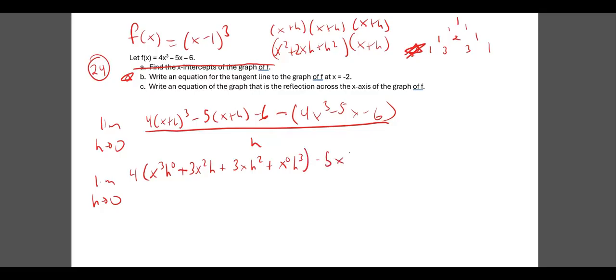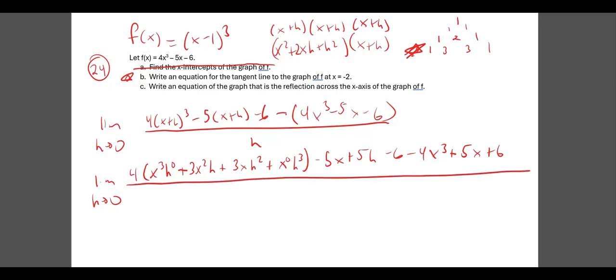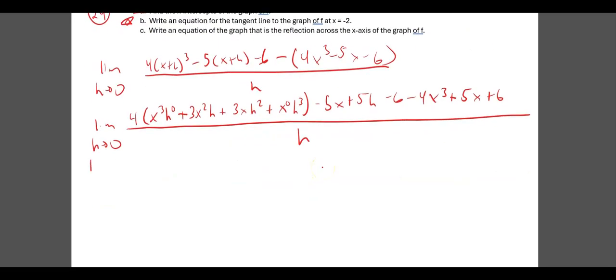Minus 5x plus 5h minus 6 minus 4x cubed plus 5x plus 6, all over h. Let's do some simplifying real quick.